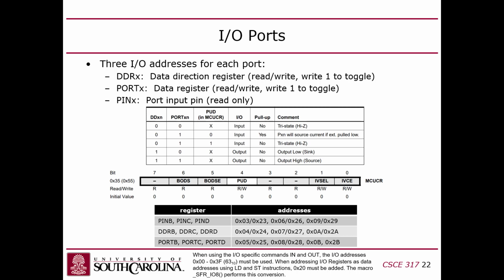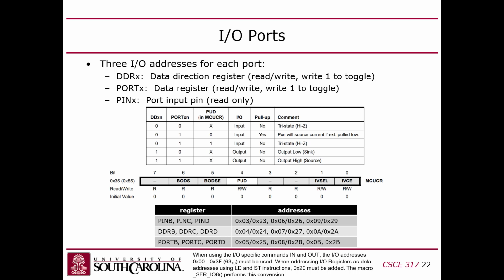There's also a port. Now, if you have a pin that you're using as an output, the port is just what you're outputting on that pin. So it's real simple. The port's just your output. That's what you use to send a signal out of the chip to drive a corresponding pin to 1 or 0, you just set it in the port. So if I want to use bit 6 of port B as an output, I would set bit 6 in DDR-B to 1, and then in port B, bit 6, I could set that to 1 or 0, and that would define what the chip is emitting on that particular pin.